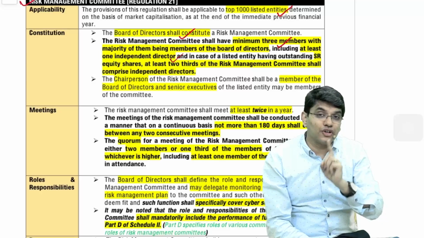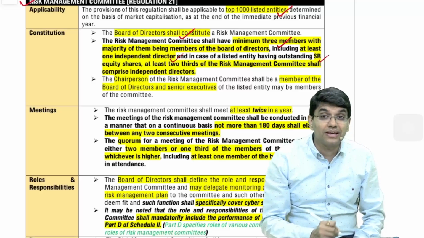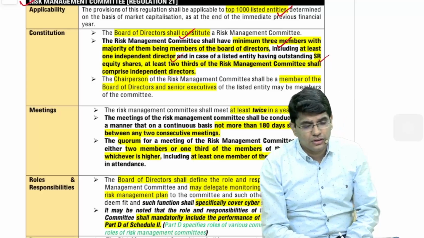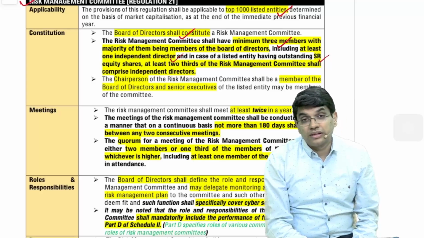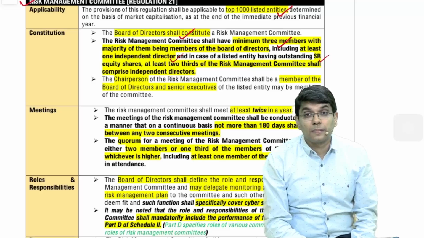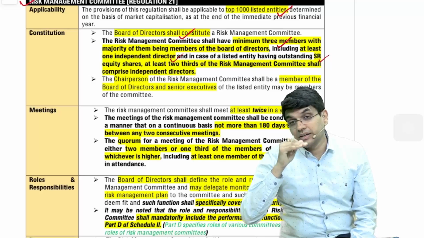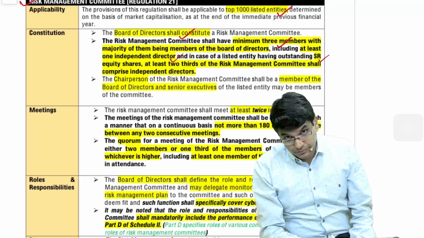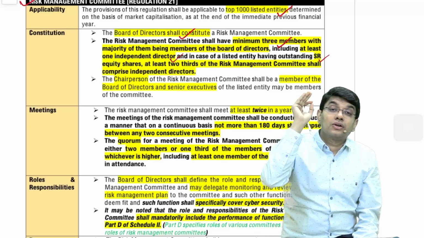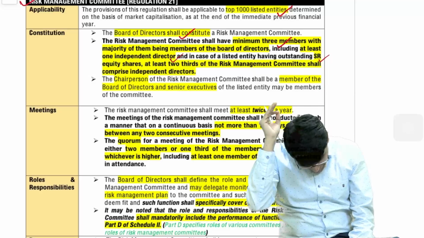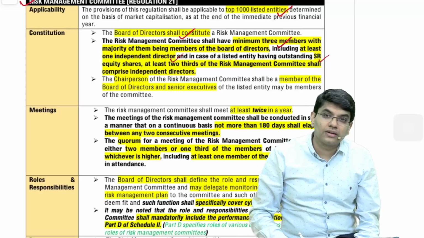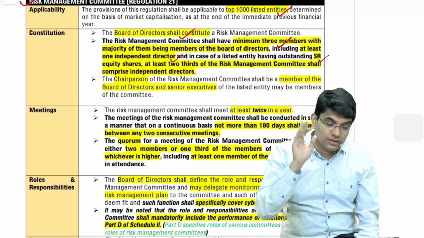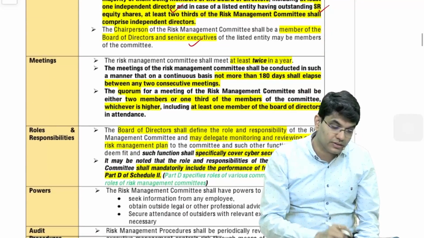And if the company has issued SR equity shares, that is superior right equity shares, those who have a higher number of voting rights or dividend rights, then in this particular case the requirement will be at least 2/3 of the committee should be independent directors. Further, the chairperson of the committee should always be a board of director.